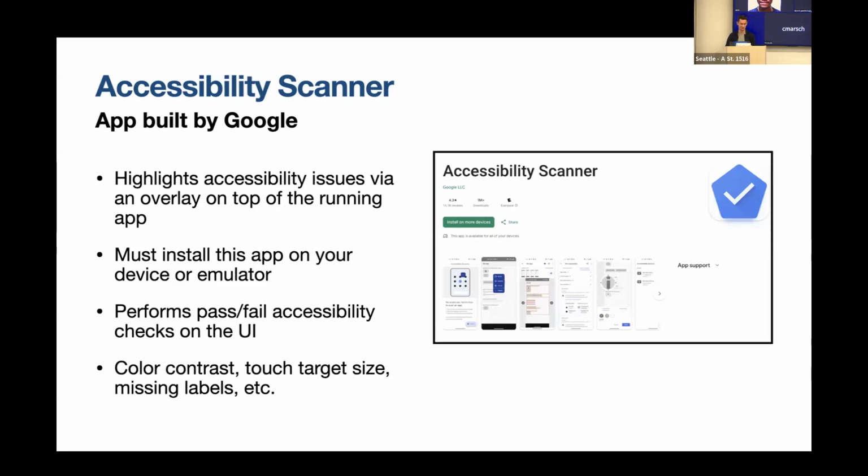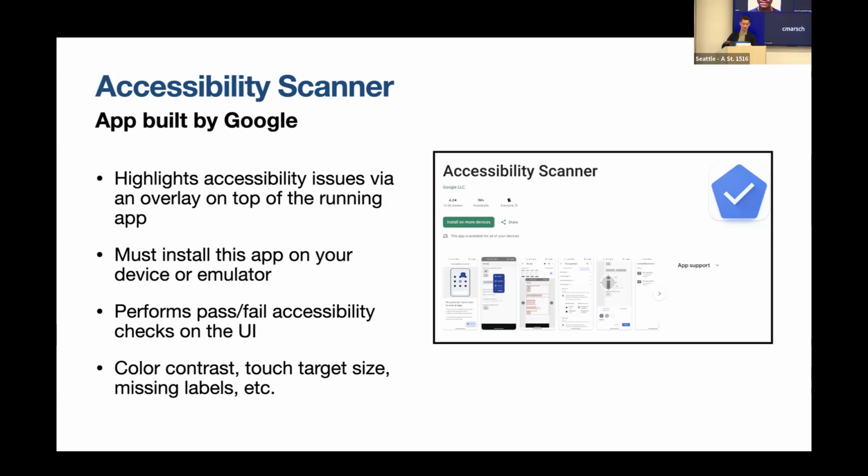So we can use the Accessibility Scanner, an app built by Google that you can install on your device or emulator, and it just gives you an overlay on the screen, highlighting some accessibility issues with sort of a pass-fail type style, checking things like if the color contrast is high enough for your text, the touch target sizes are big enough so you don't have any buttons that are really hard to tap on, and you don't have any missing accessibility labels or things like that. So this is good for a quick way to test out your app.